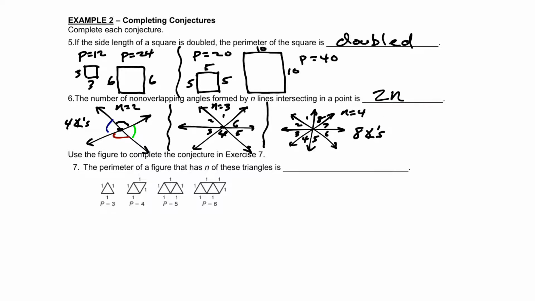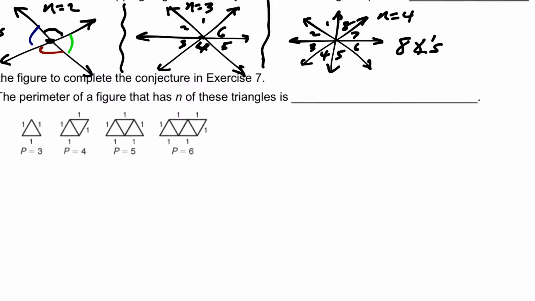We fill in the blank with 2n because we can see that the number of non-overlapping angles formed is twice the number of lines, n. Now let's take a look at number 7. So let's zoom in on number 7.